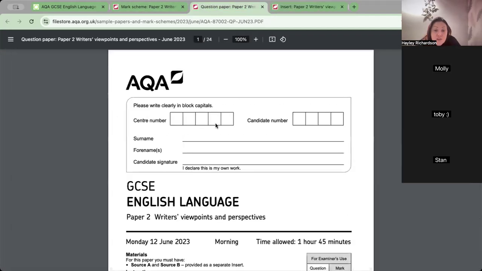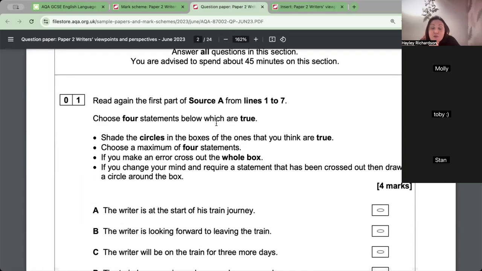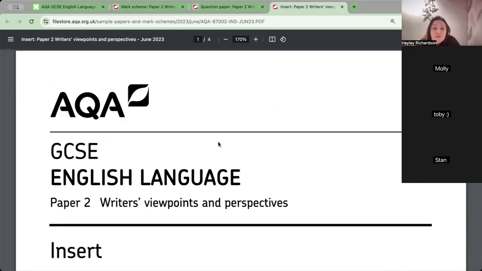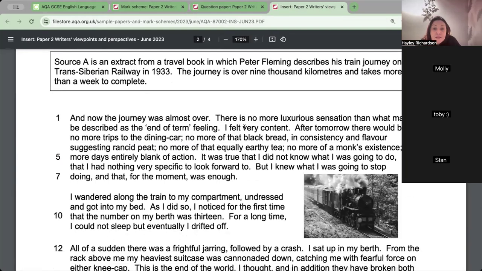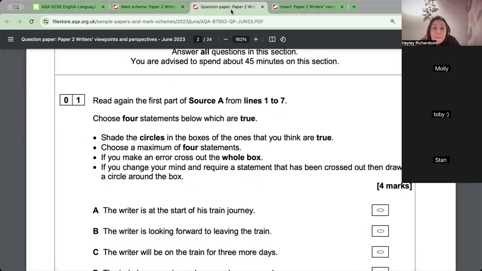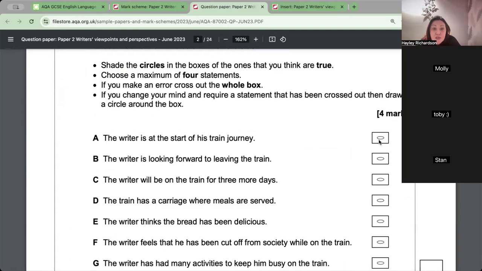Okay, so they're your two sources. Let's go to the question paper. So, read again the first part of source A from lines 1 to 7. First part of source A, lines 1 to 7, lovely. So it's this bit here. Choose the 4 statements below which are true. Shade the circles in the boxes that you think are true.